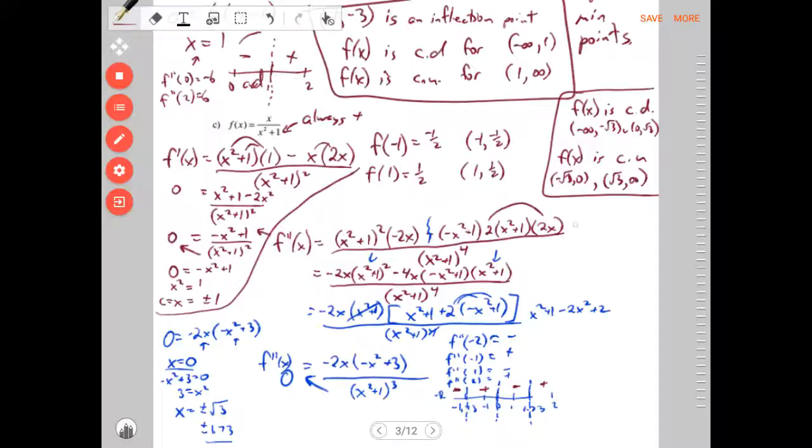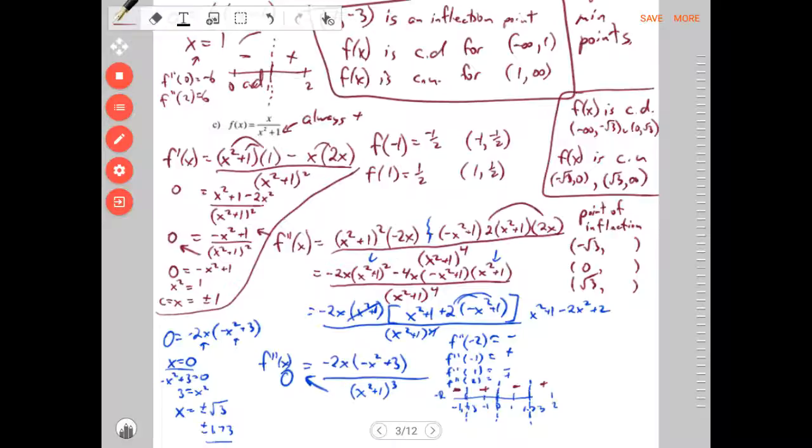We have the x values for the points of inflection, and we'll figure out the y's in just a sec. The x values were negative root 3, 0, and positive root 3. We'll have to figure out the y values for those.